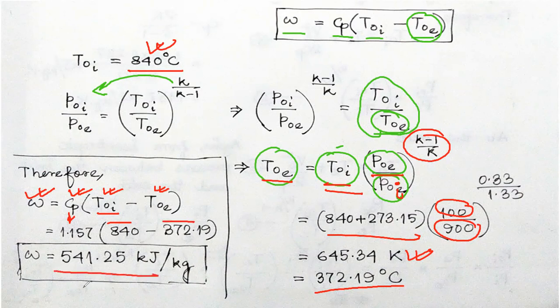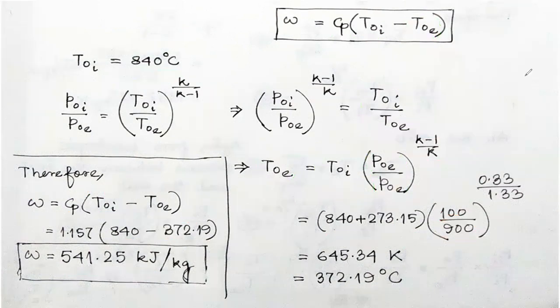So the work output per unit mass flow rate is 541.25 kilojoule per kg. Remember that we can use either degree centigrade or Kelvin for this calculation. Thank you.